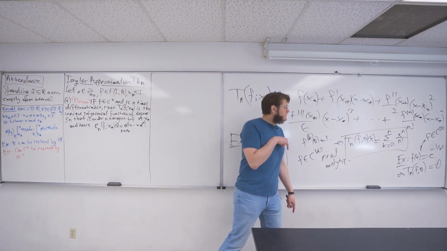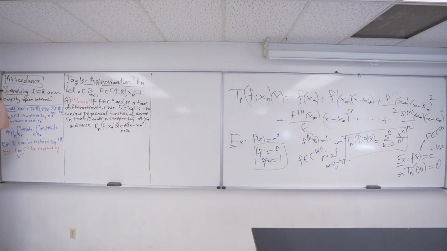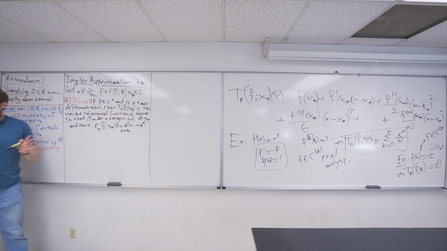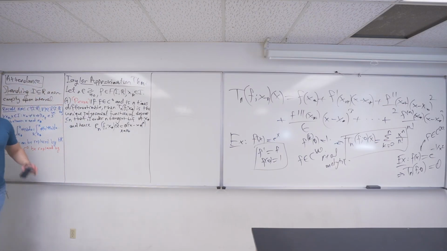So in the world of complex analysis, 5 times differentiable, 6 times differentiable, all of these pesky details that we're dealing with in real analysis, they just vanish. Either something is not differentiable, or if it is differentiable, it has a power series expansion in complex analysis. It's a very different world, as you see.